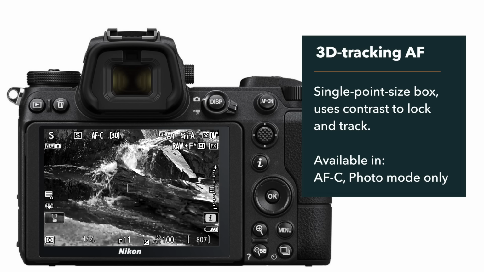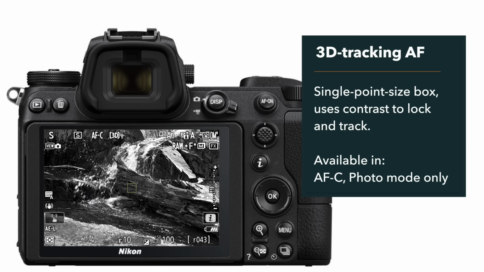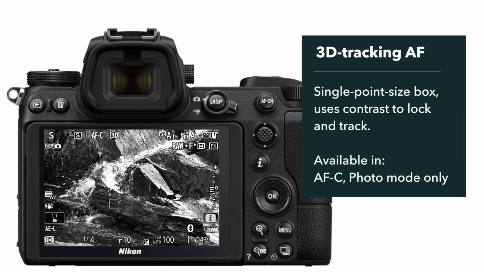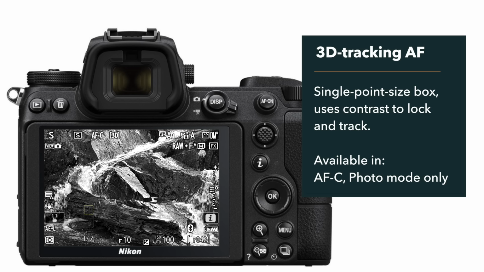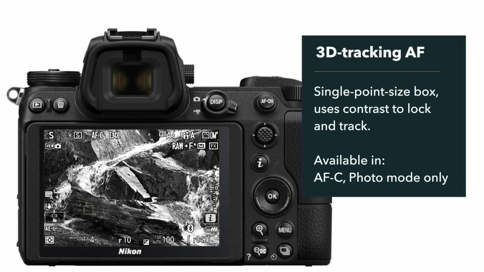Whatever is underneath that box, when you press the focus button, whether that's the shutter or the back autofocus button, it's going to start tracking that for as long as you command autofocus. As soon as you let go of that back button or the shutter button, it'll stop tracking.